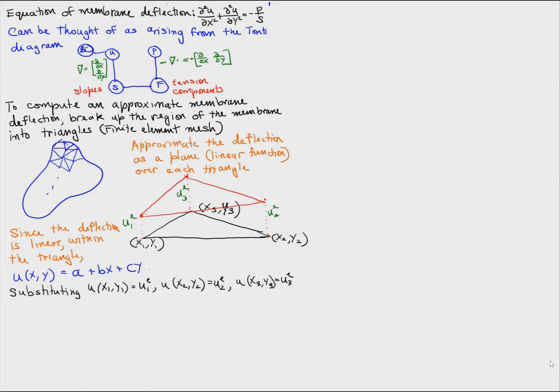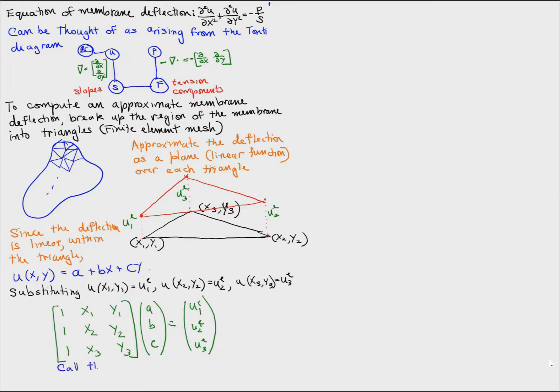So substituting this, we get these, and writing it in matrix form, we get an equation for the coefficients a, b, c in terms of the joint displacements u1e, u2e, u3e. Let's call this matrix M, and the joint displacements u sub e.